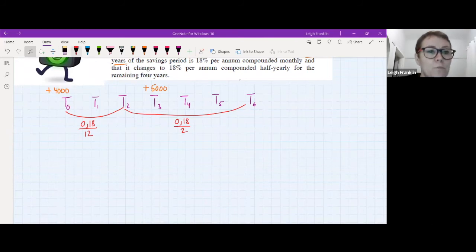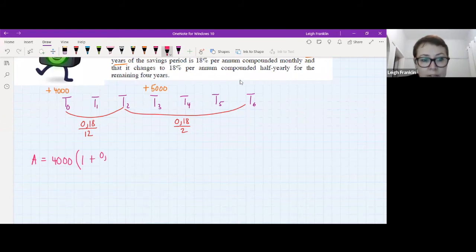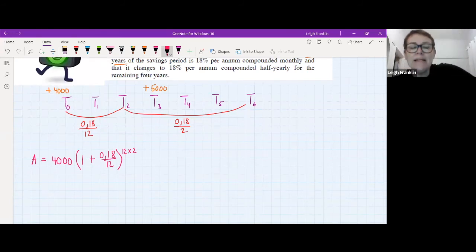Okay, so A is equal to, so 4,000 Rand goes into the account and it earns interest at 18% per annum compounded monthly for 2 years. So that's 1 plus 0.18 over 12 to the power of 12 times 2. Now, I bet everybody got that right. But the money stays in the account.